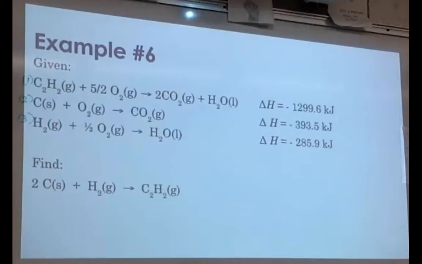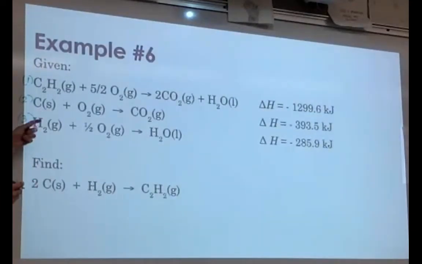Which of these equations has just solid carbon in it? 2. Right? It has solid carbon as a reactant. That's good, because I want carbon as a reactant. So it's already on the correct side. But I need 2 moles of it. Right now I only have 1 mole. There's no coefficient, so it's 1.